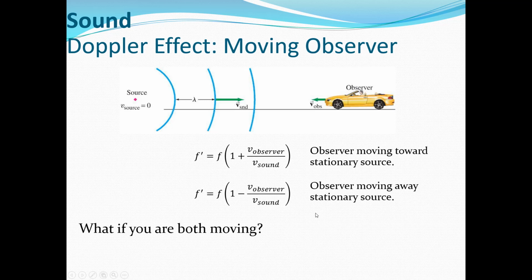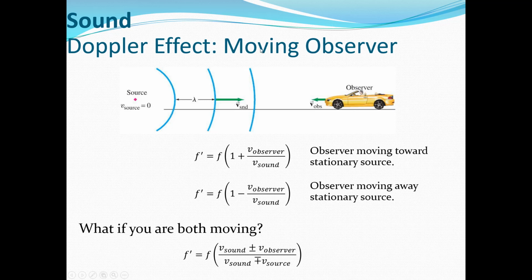And if you have both of them moving, it ends up looking something like this. Again, you want to pay attention to positive and negative. Positive here and negative up here go together, and that's related to whether they're getting closer. Negative down here and positive down here is for when they're moving further apart.